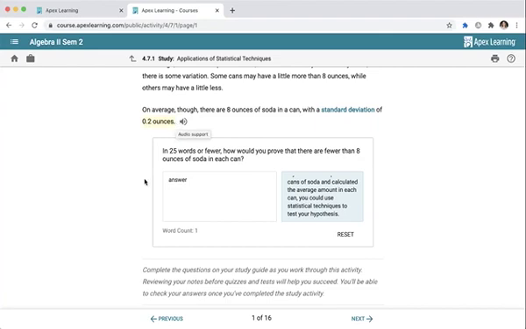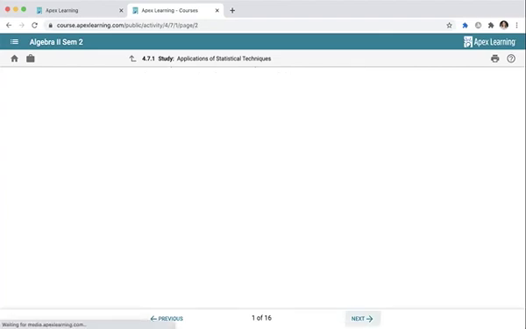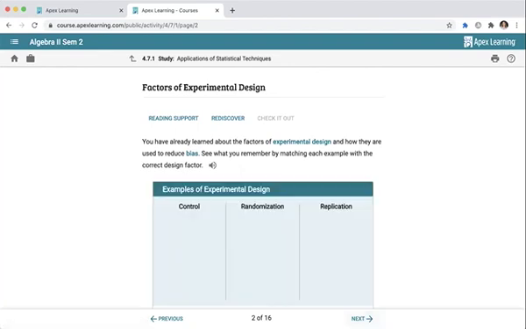We could prove that. And this is saying in each can, so it's a repetitive thing, not just one fluke.